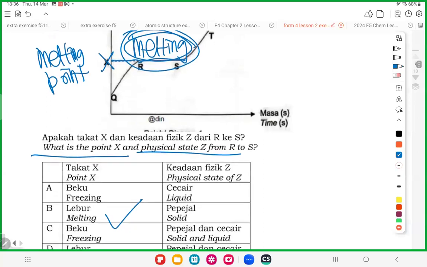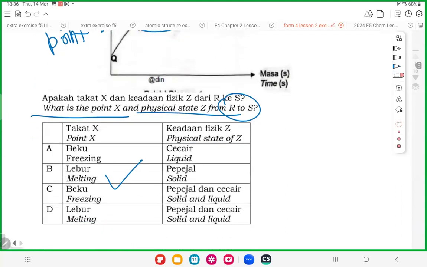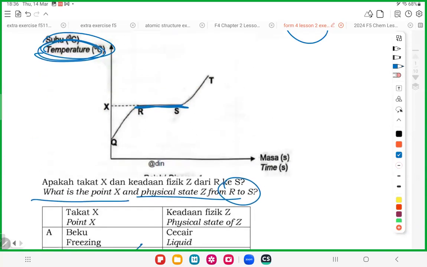So what is the physical state of R to S? R to S is in the middle, on the horizontal line, which means the melting is ongoing.